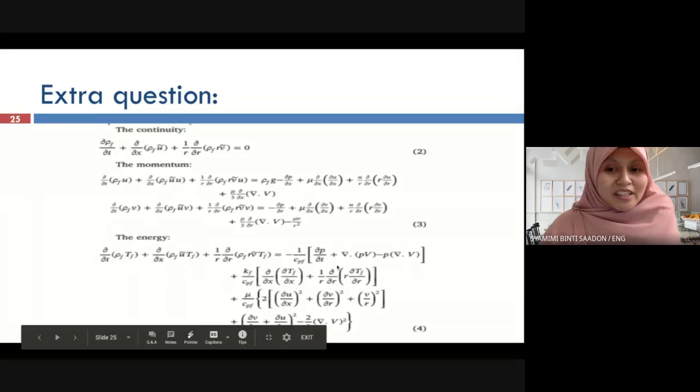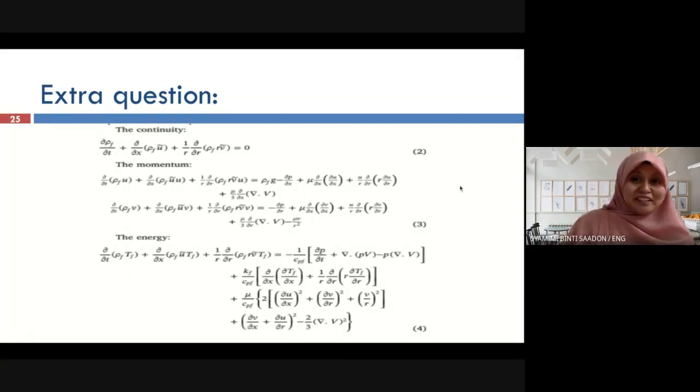So even though we will use computers in the future to solve this type of equation, as an engineer, especially a design engineer, you need to understand how the computer solves this equation, because that is the job of an engineer.